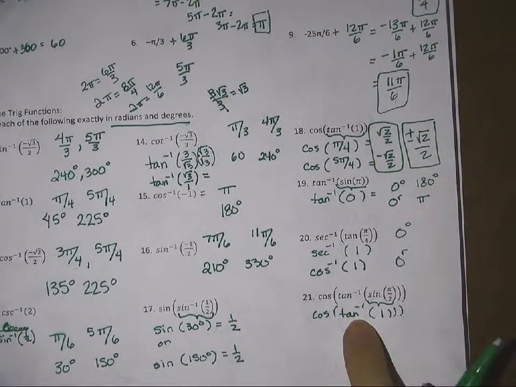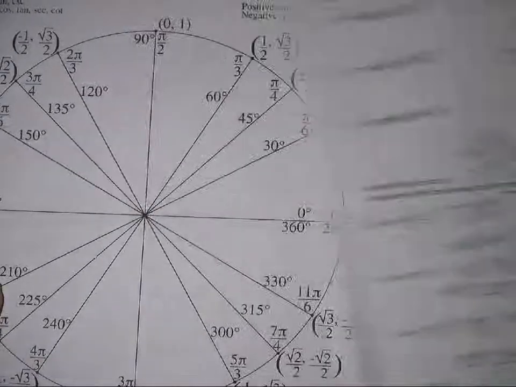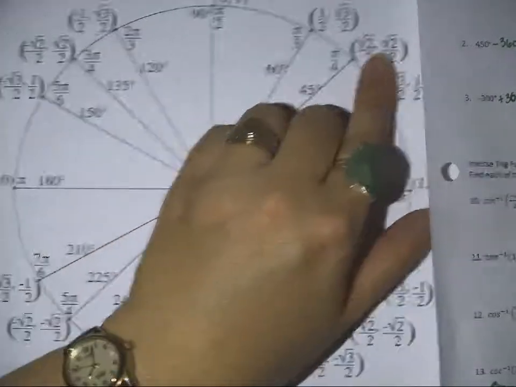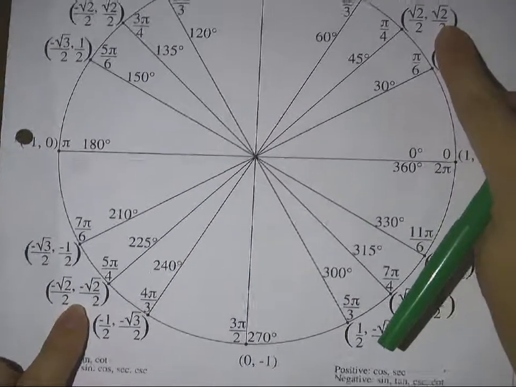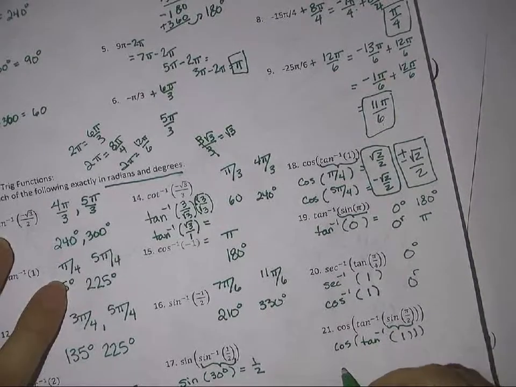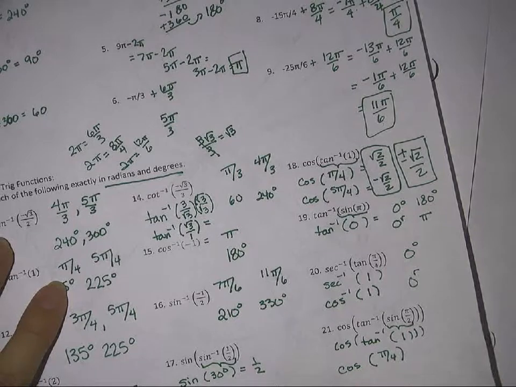Okay, now I want to know, where is the tangent equal to 1? Well, the tangent is equal to 1 right here and right here. So at pi over 4 and 5 pi over 4. So I actually break this into two problems here, cosine at pi over 4 and cosine at 5 pi over 4.